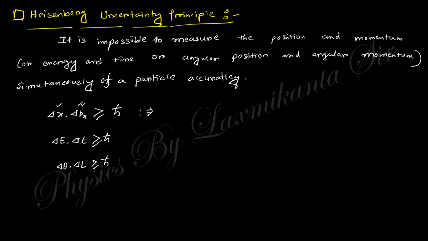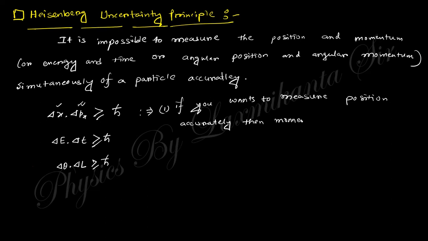So from the conclusion, number one, if you want to measure position accurately, then momentum measurement will be uncertain, and vice versa.